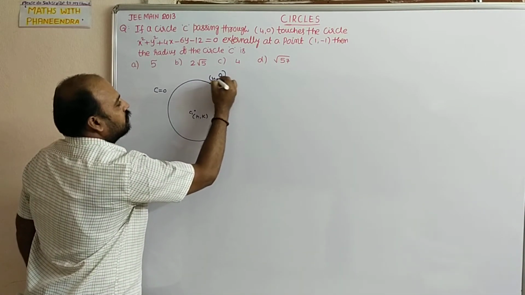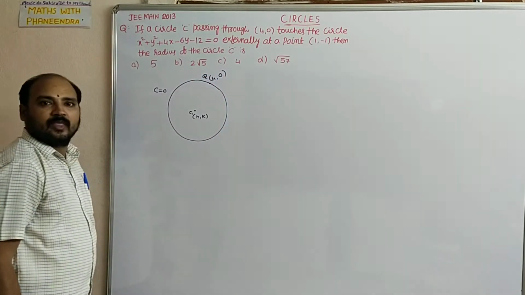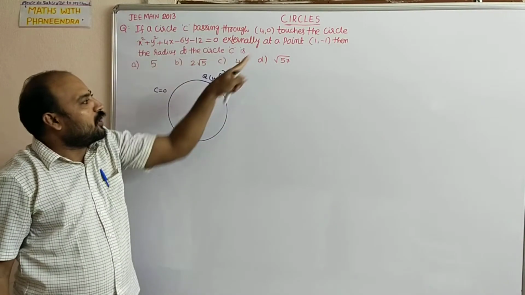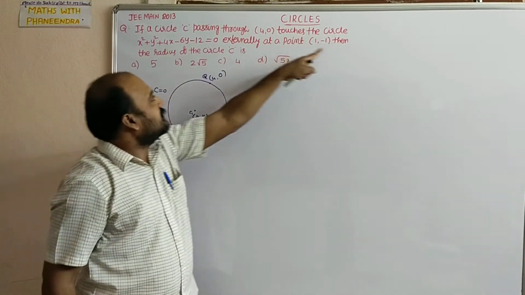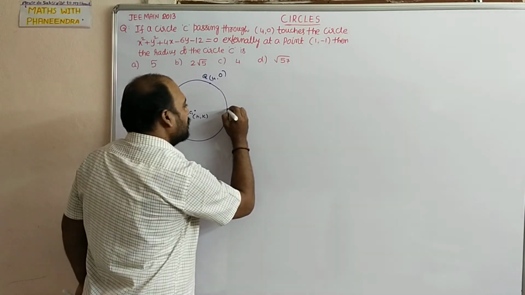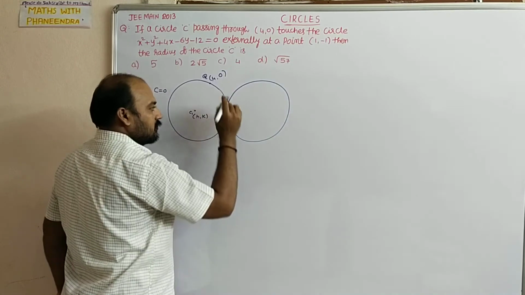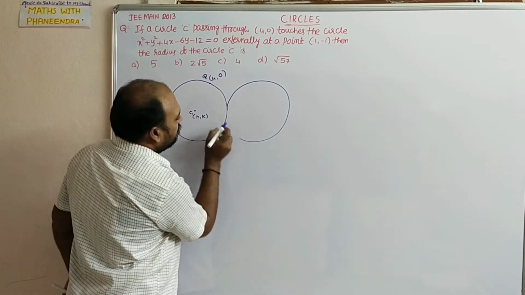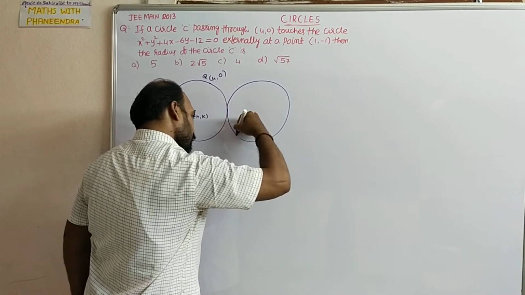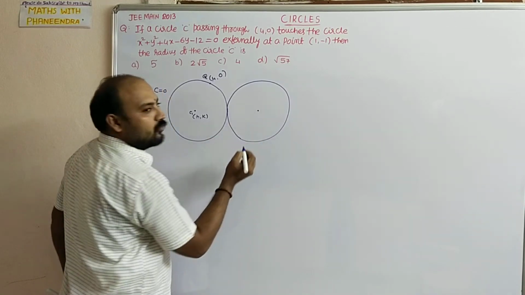This I am assuming as point Q. If a circle C passing through the point 4, 0 touches the circle, this is the second circle, another circle we have taken, whose center we will decide.